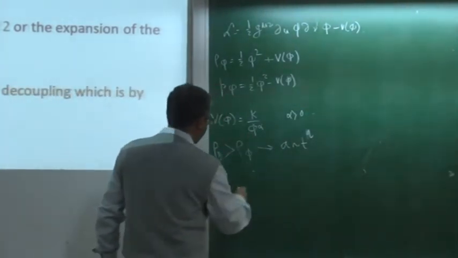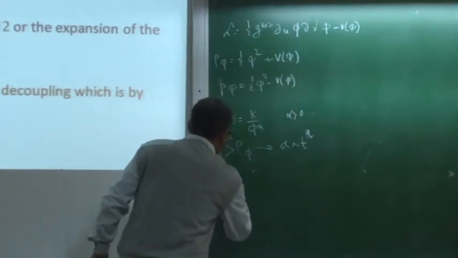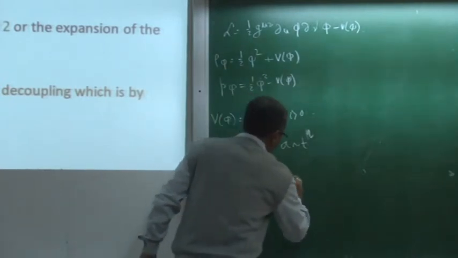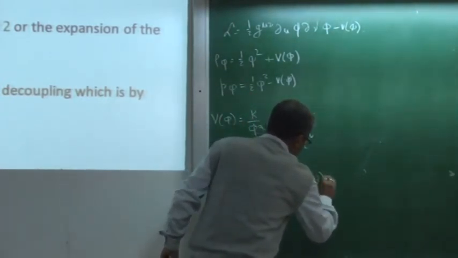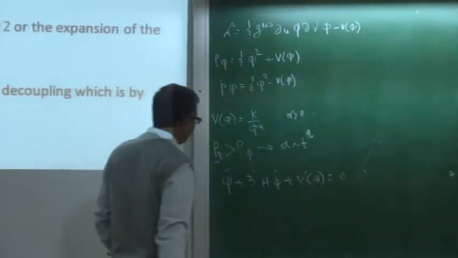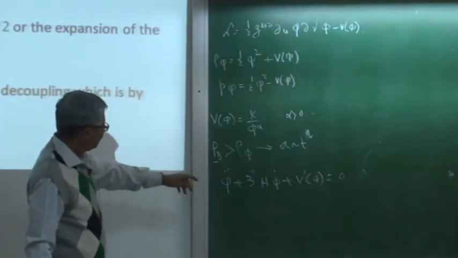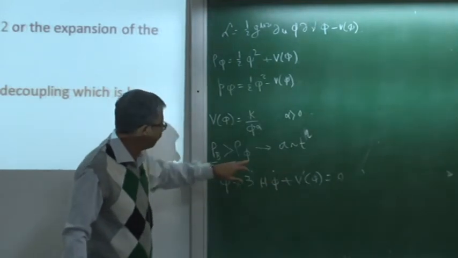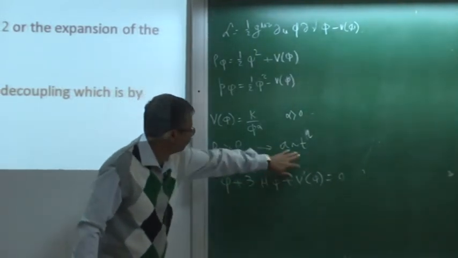Now I have my scalar field equation: phi double dot plus 3H phi dot plus V prime of phi equals 0. As I said, this rho phi doesn't contribute to the background evolution. The background evolution is given only by the background matter.